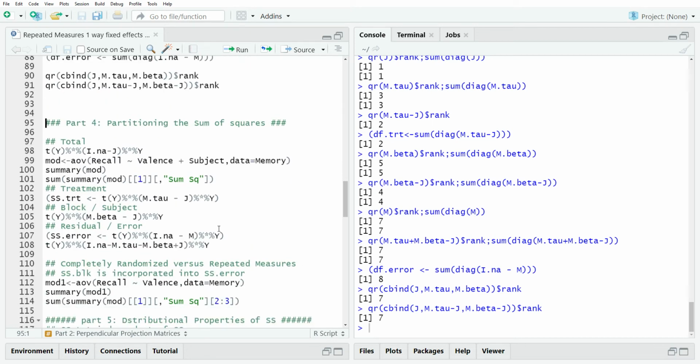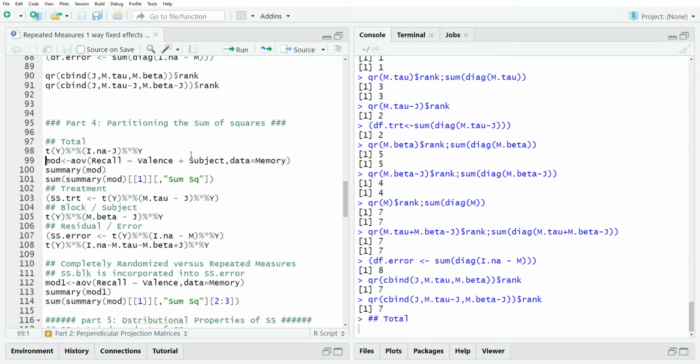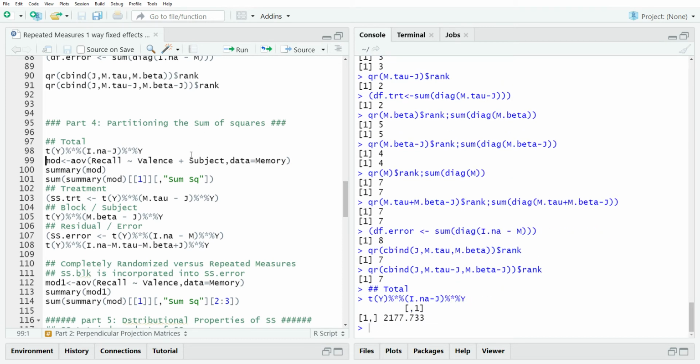Now in part 4, we looked at partitioning the sum of squares. The total sum of squares is y transpose I minus J y. This next step is an AOV, so we're treating valence and subject as fixed effects.